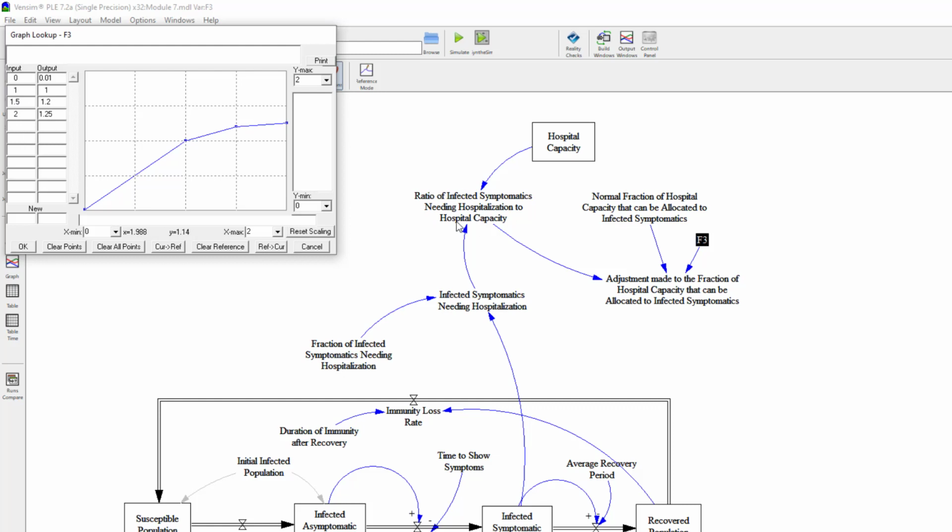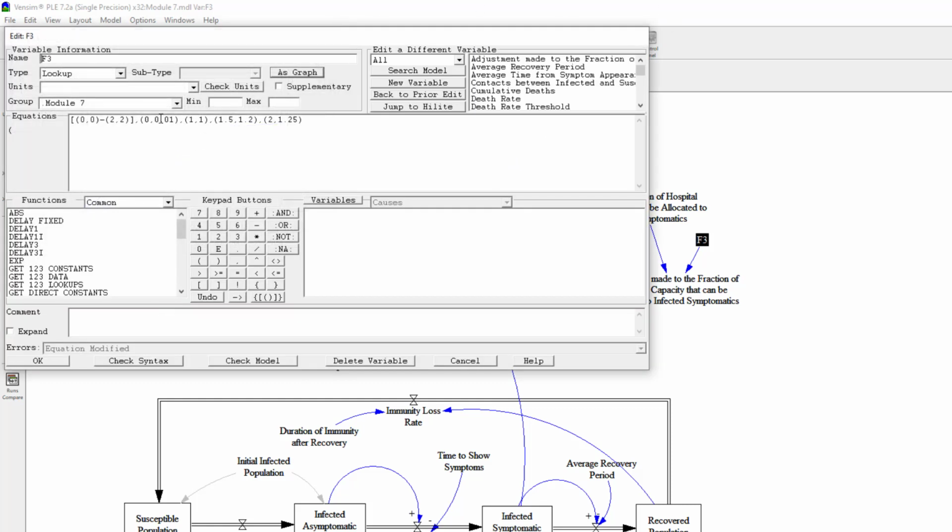What if this ratio is 4 times more than the normal fraction, right? So you can adjust these input and output values and reflect the hospital administrator's policy decision in terms of how many beds should be allocated to the COVID-19 patients. Okay, click OK. The unit is going to be dimensionless.